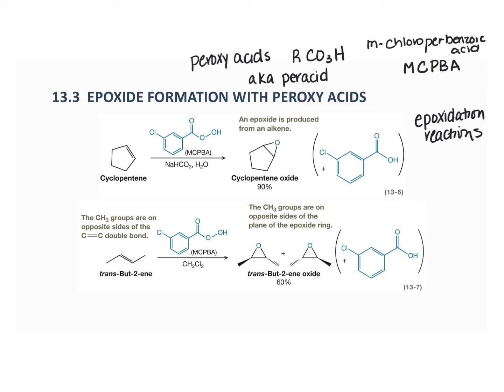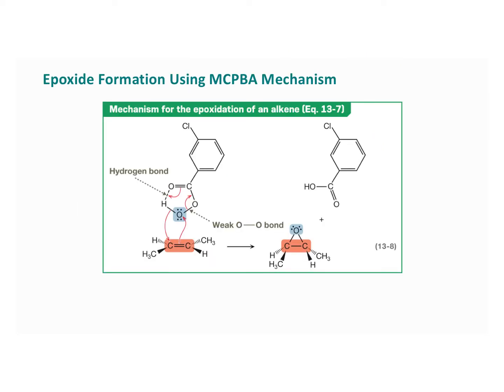So let's look a little bit at the mechanism and why this happens. So when we look at this mechanism, I thought I was going to draw this mechanism out, but I didn't. So I was all ready to do that. Follow along here. We have our double bond, and all we've done is we've taken that peroxy acid and written it on its side like this, okay?